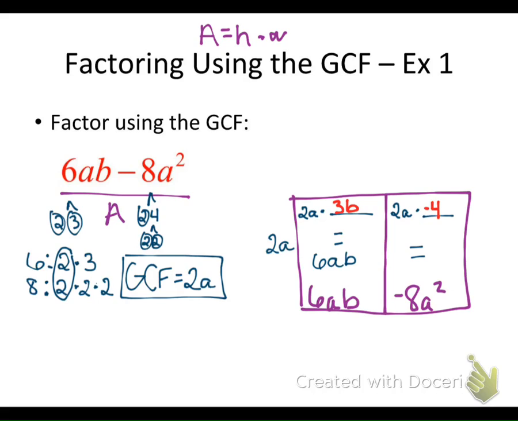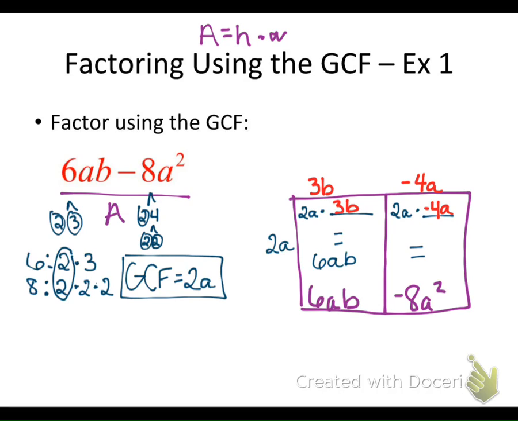I have 1A, but I need 2A's, so I'm going to need another A, right? Awesome. Don't forget to plug those numbers in. So 3B, negative 4A.